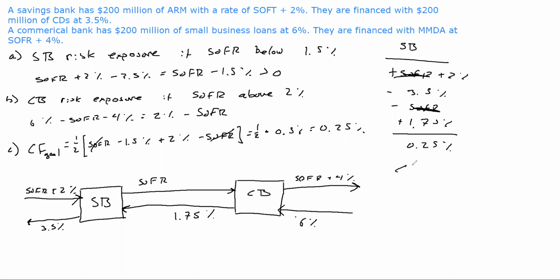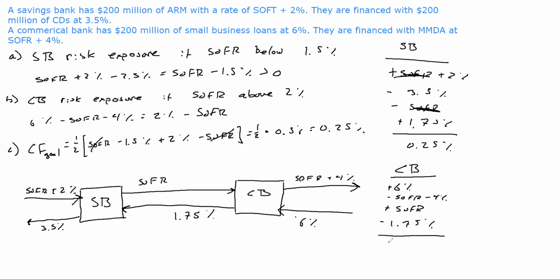So let's check it against the commercial bank. We know for the commercial bank, they are receiving 6% from the small business loans, and they are paying the overnight financing rate plus 4% to the deposits. We have them receiving the overnight financing rate from the savings bank, and we have them paying 1.75% to the savings bank.